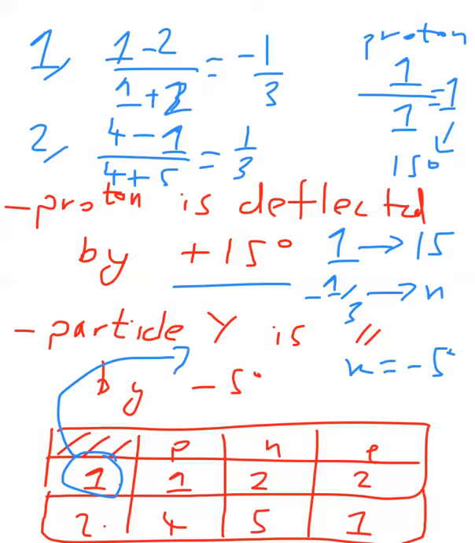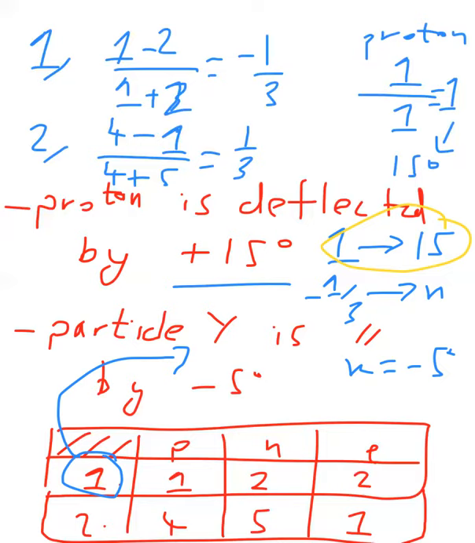Once again, reviewing what we did over here. Proton was deflected by 15 degrees. We found the charge to mass ratio of proton, that was 1 upon 1, so 1. So 1 represents 15 degrees. Now we found the charge to mass ratios for particle 1 and particle 2. For particle 1, it was -1/3. For particle 2, it was 1/3.